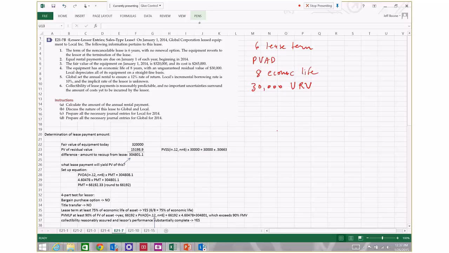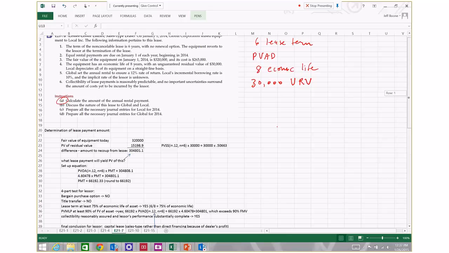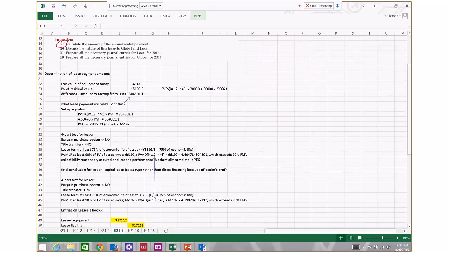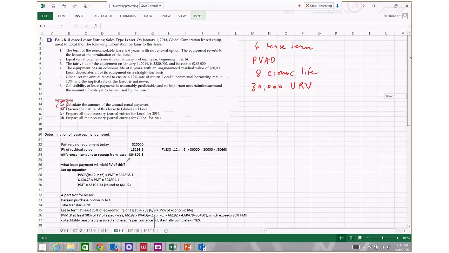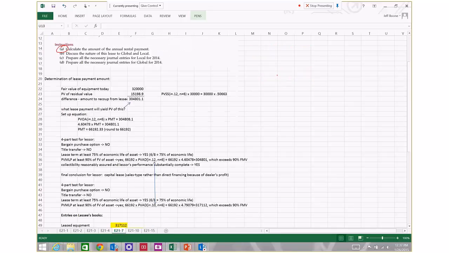So what we're asked to do here is to calculate the amount of the annual rental payment. That's the first thing that we're asked to do. Here's the logic of the lessor: they determine the amount that they're going to charge in terms of rental payment. They say, the fair value of the equipment today is $320,000.